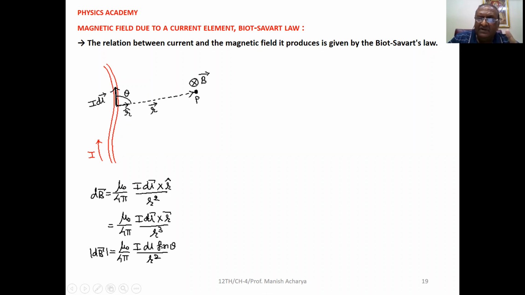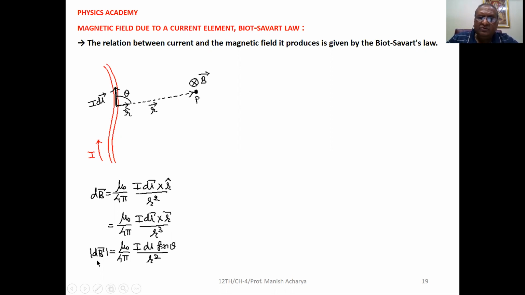You have to remember this equation. There is no theoretical derivation of this one, because it is deduced from experimental observations. So you can rewrite this equation as mu0 upon 4 pi, I dl cross r upon r cube. Here unit vector r caret is replaced by vector r upon its magnitude.